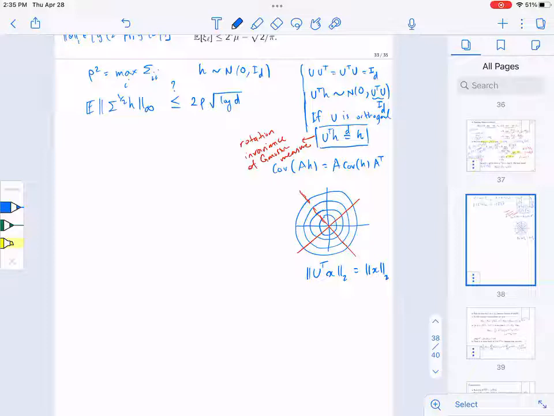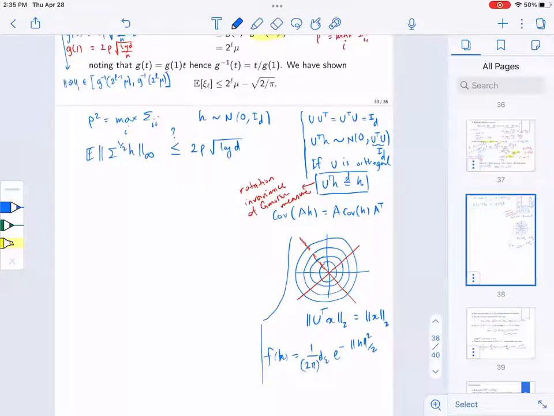You can see this square appears in the PDF of H, which is e to the negative H squared over 2. So if I rotate, this PDF doesn't change. In either case, we can prove it without the PDF, as we did here.